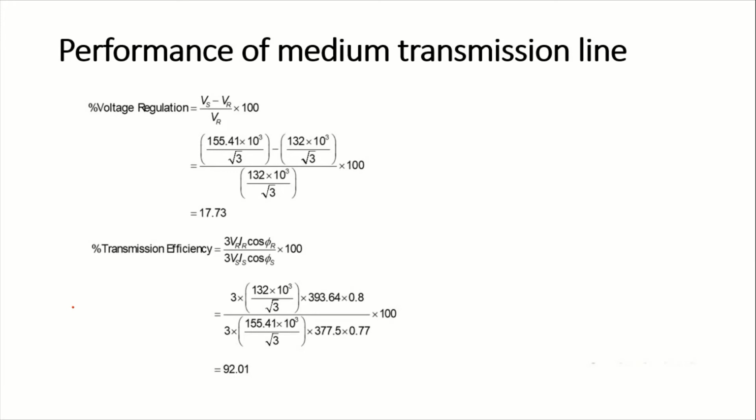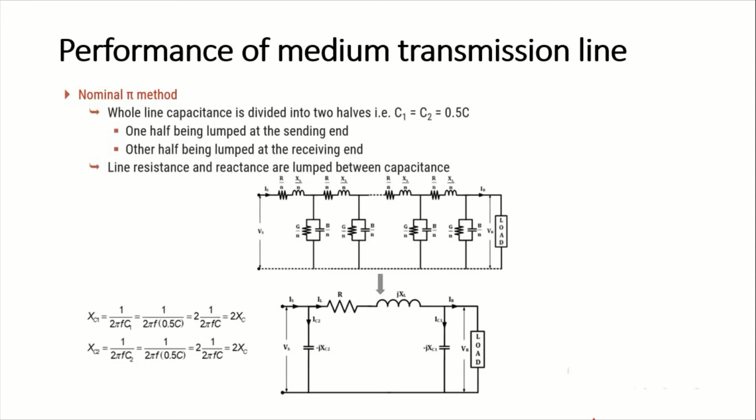Now the percentage transmission efficiency: the equation is 3 Vr IR cos phi r upon 3 Vs Is cos phi s into 100. Putting in all the values from before, the transmission efficiency we get is 92.1%.